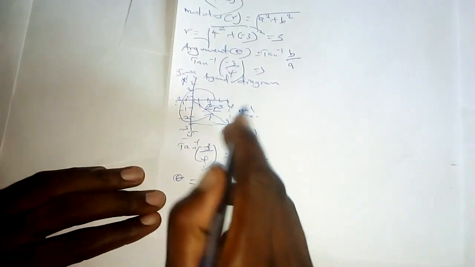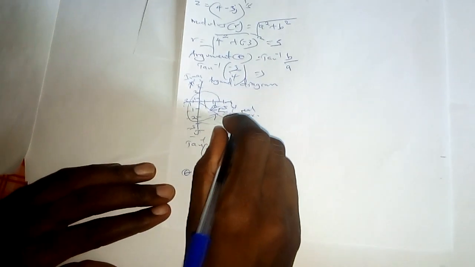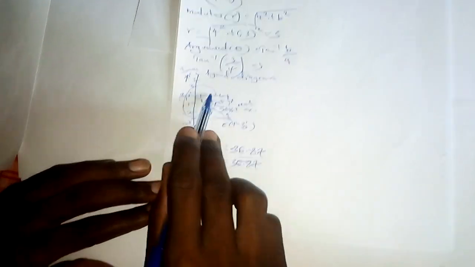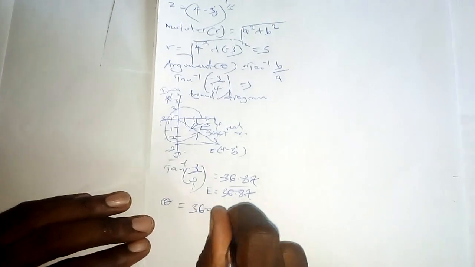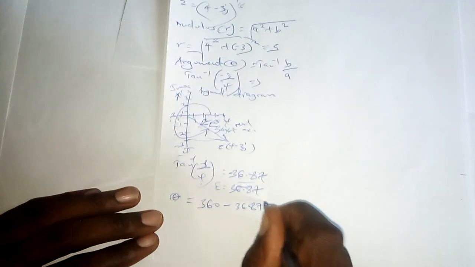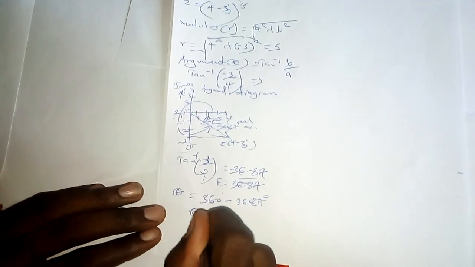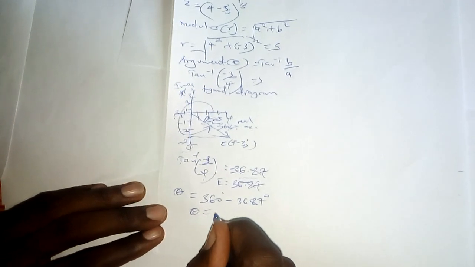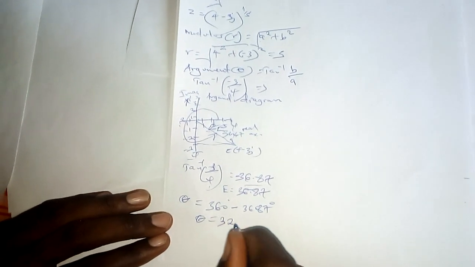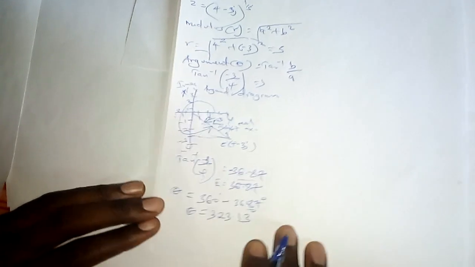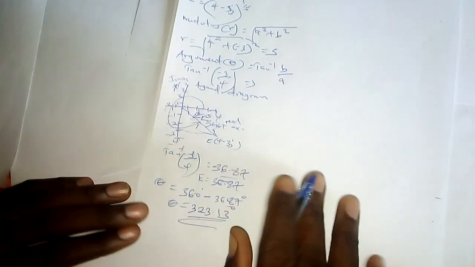So we subtract 36.87 from 360 to get the theta we want, which is 323.13 degrees. Good, that is the theta we want.